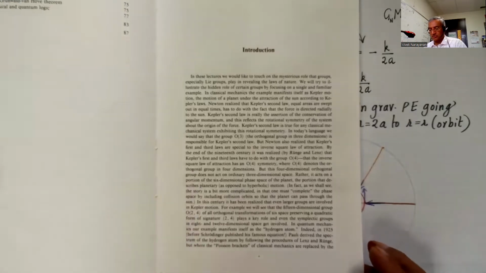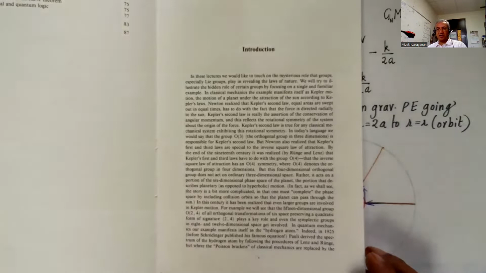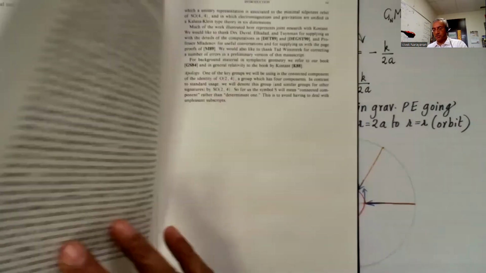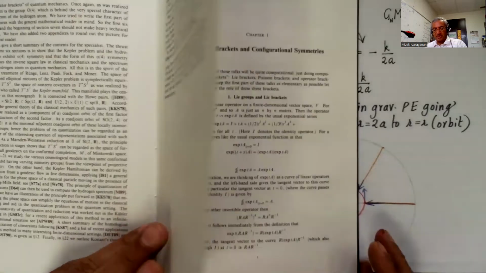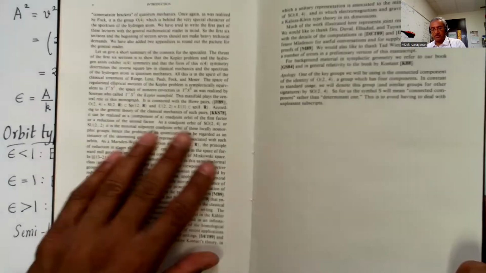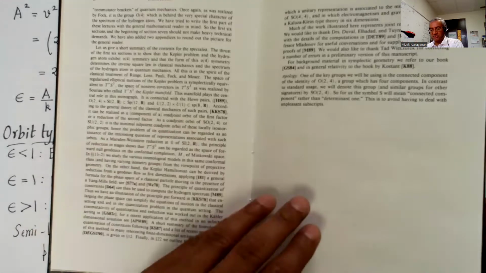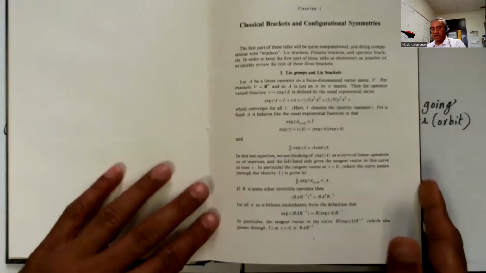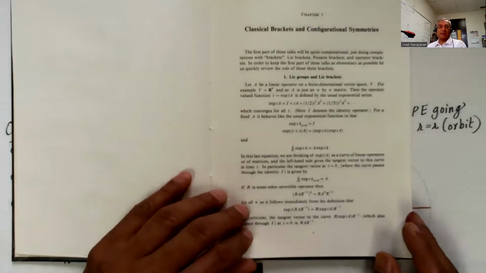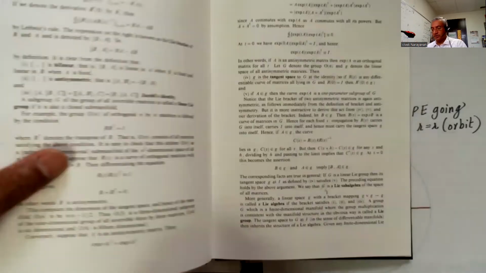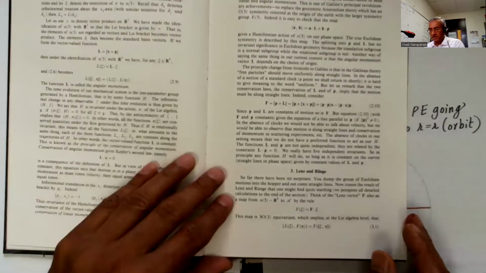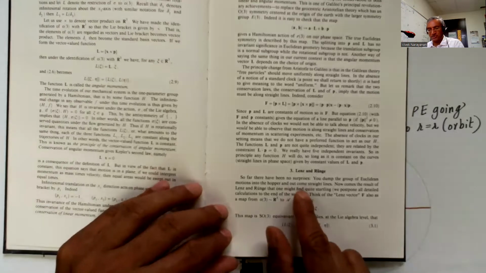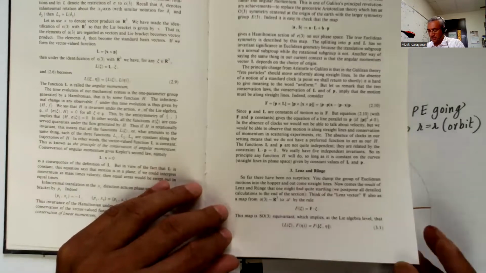So what Laplace, Runge, Lenz, and Hermann discovered was this deep symmetry. Now, if you know some group theory, you can follow some of the stuff they say here, but it starts out with very little background assumed. So if you know a little bit of differential geometry, you can actually follow a fair bit of this book. I'll just start from where he talks about Lenz and Runge.